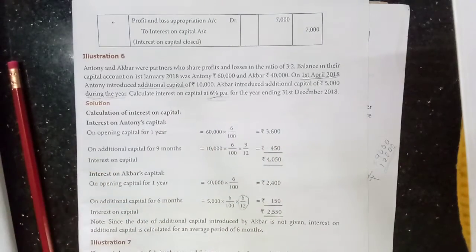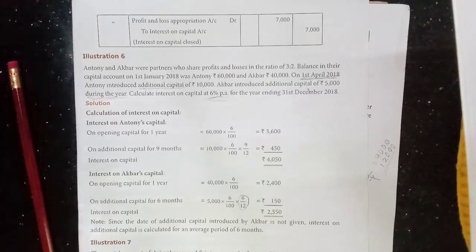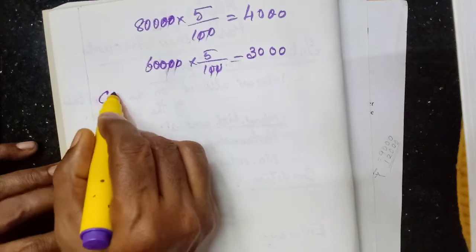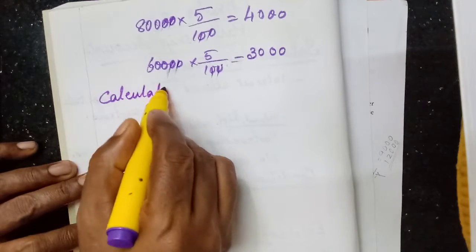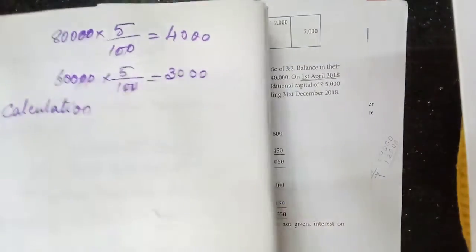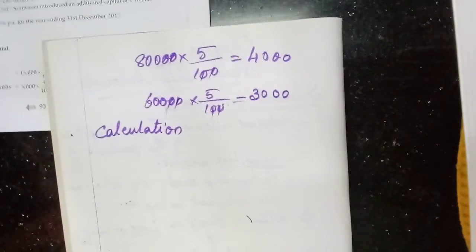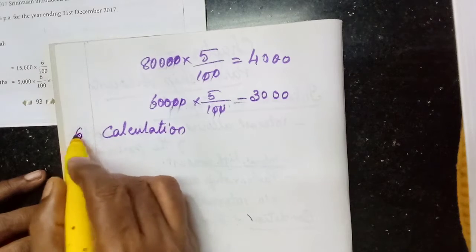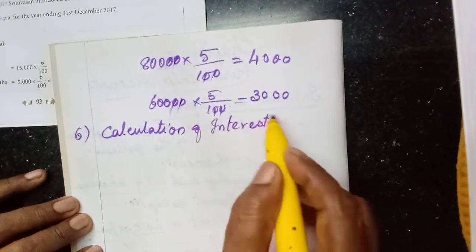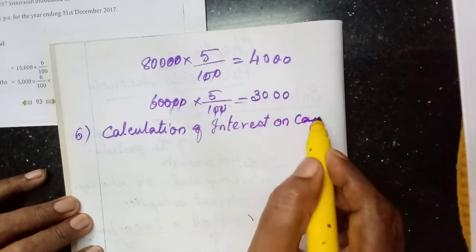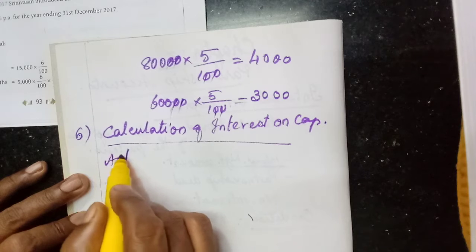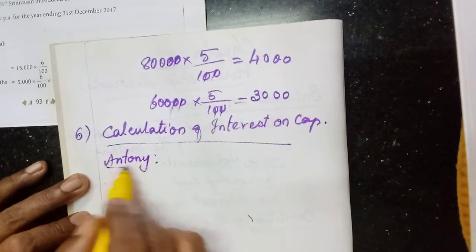Now we will calculate first. Calculation of interest on capital. The illustration 7.6, isn't it? Interest on capital. First, Anthony, isn't it? Are you keeping that textbook next to you?